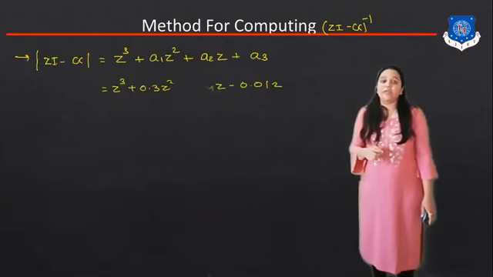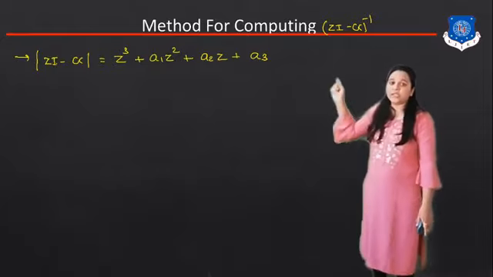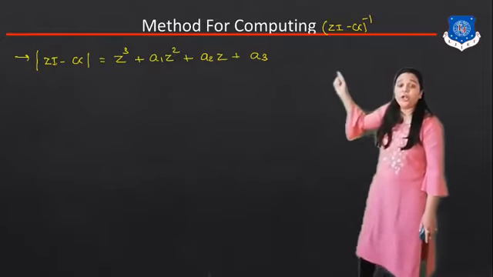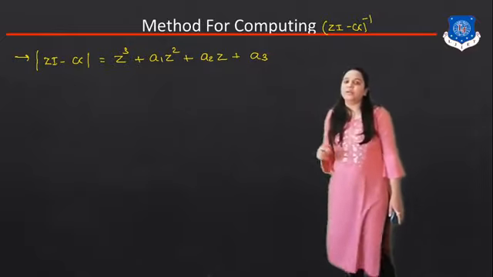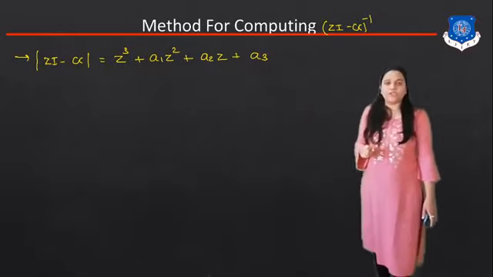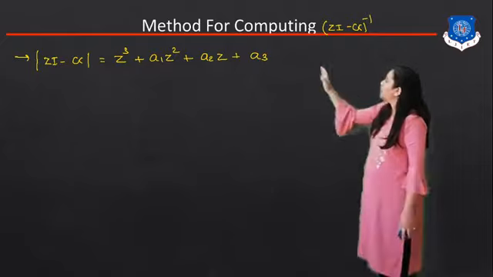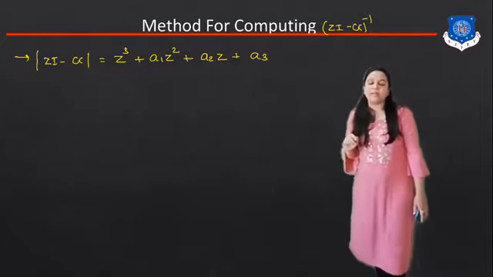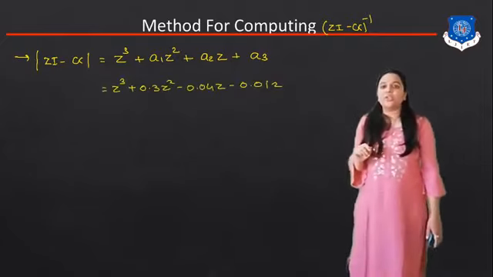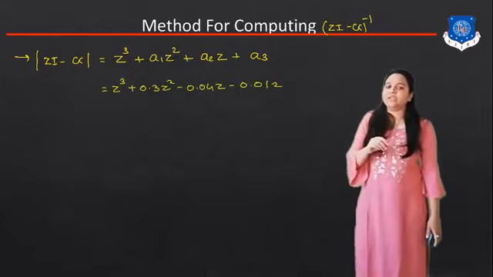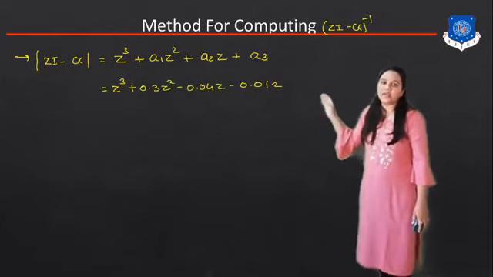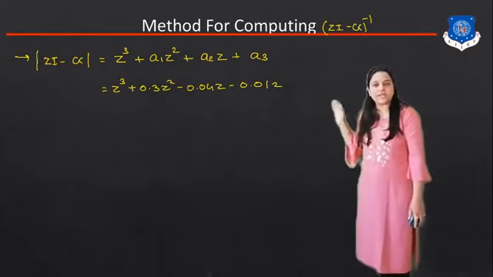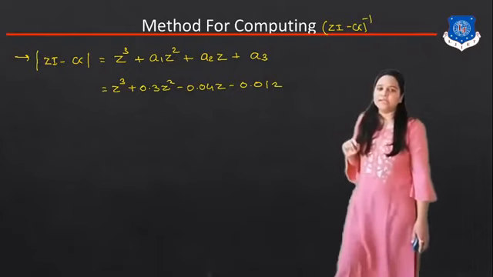Again we start with the last term: a3 into Z raised to 0 plus a2 Z raised to 1 plus a1 Z square plus Z cube. So the equation becomes Z cube plus a1 Z square plus a2 Z plus a3. Put the values of a1, a2, a3 in this equation, and we get Z cube plus 0.3 Z square minus 0.04 Z minus 0.012.